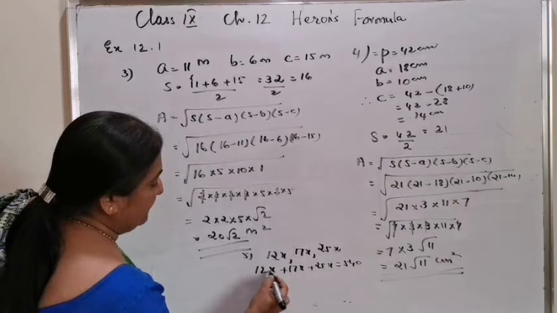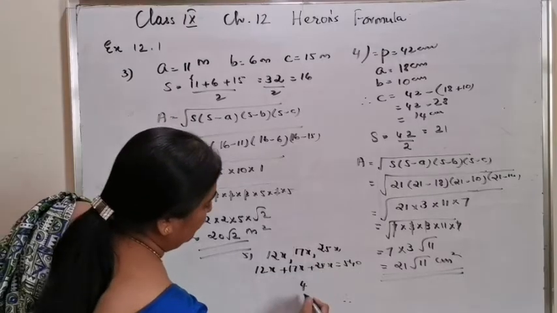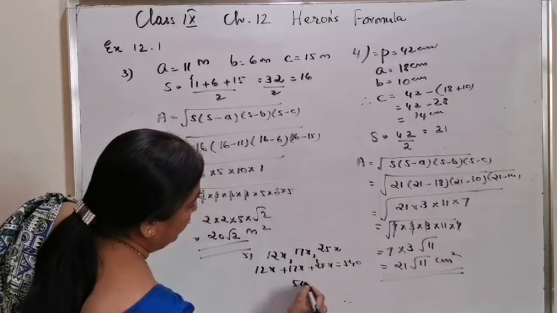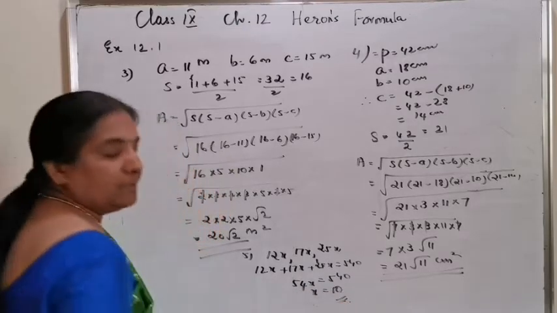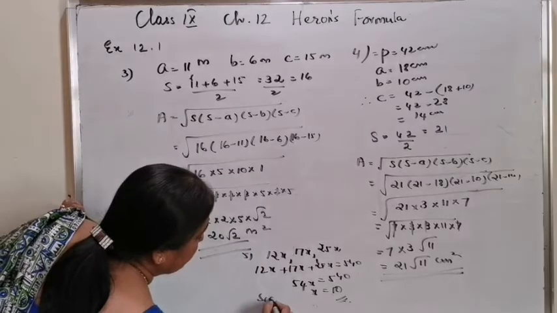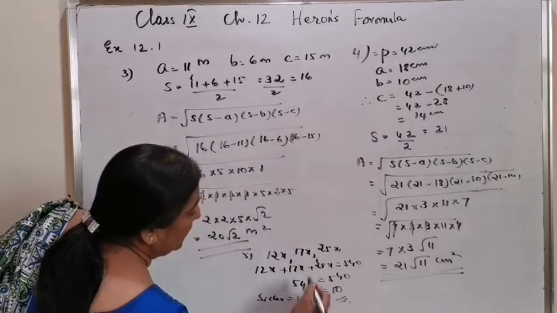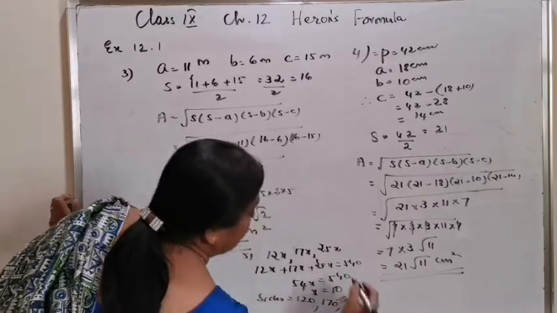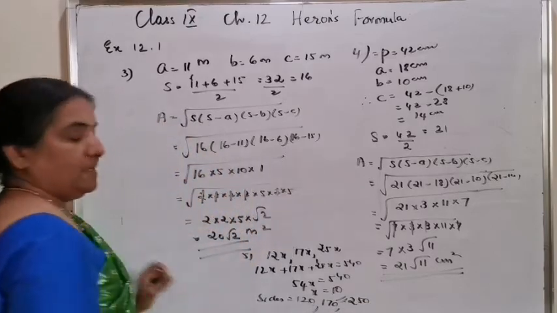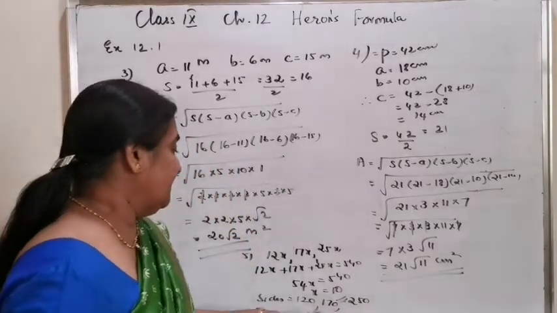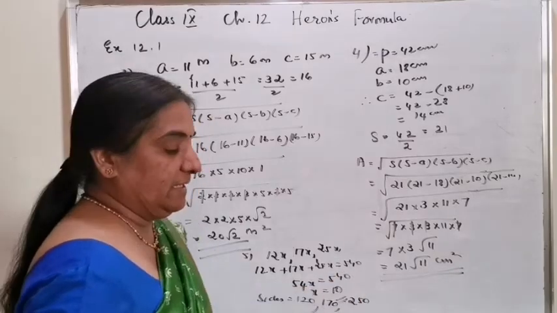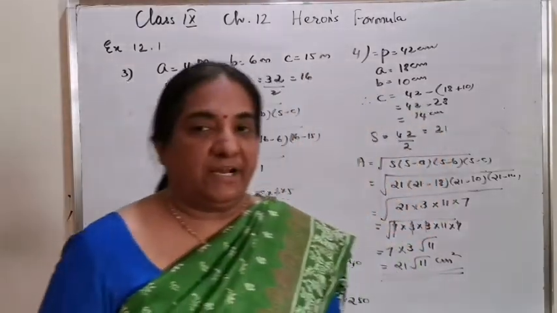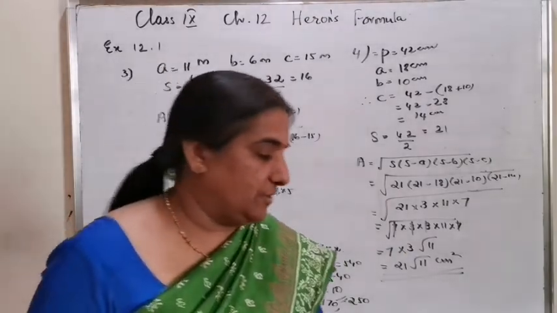That is 12 plus 17 is 29, 29 plus 25 is 54. 54x is equal to 540 or x is equal to 10. So what are the sides? Therefore the sides are 120, 170 and 250. What is semi-perimeter? It is 540 divided by 2, 270. Find the area of the triangle. It's an easy question. You can try on your own.